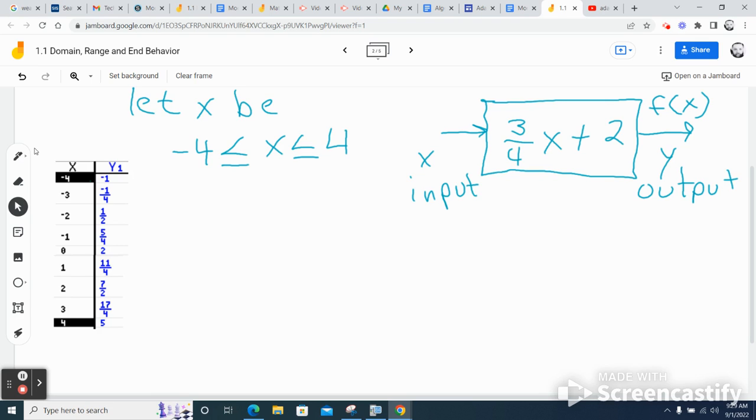I'm just going to give you a second to finish writing that down, and then we'll explain what that means. Then we're going to graph it, and that is what they're asking us to do, to graph and identify the range. So we'll graph it, and then we'll identify the range.